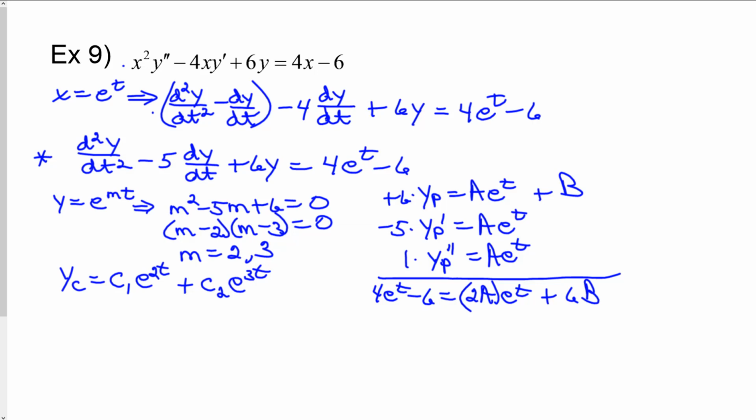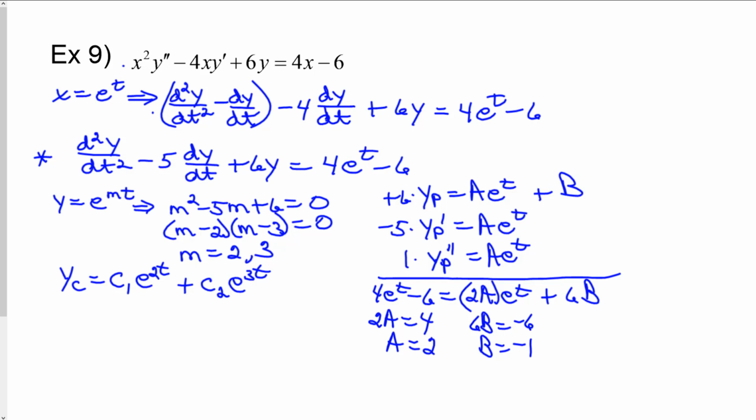So matching our coefficients of e to the t says 2a equals 4, a equals 2. And matching our coefficients that are constants, 6b on the left equals the negative 6 on the right. So b has to equal negative 1.